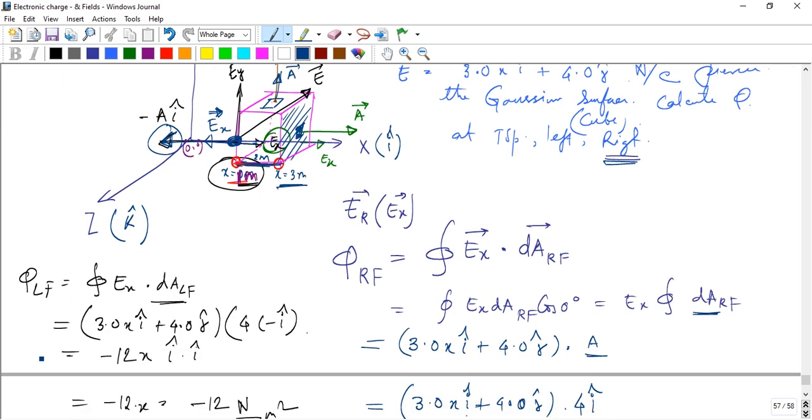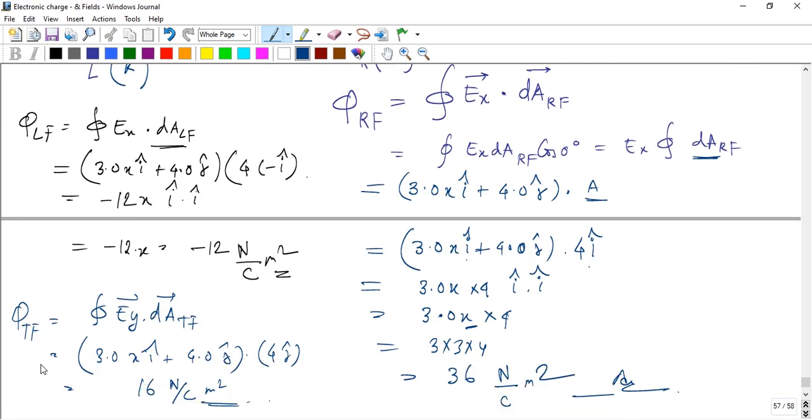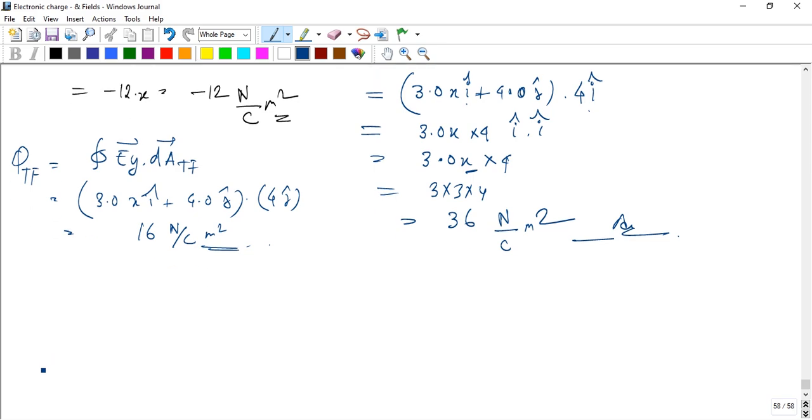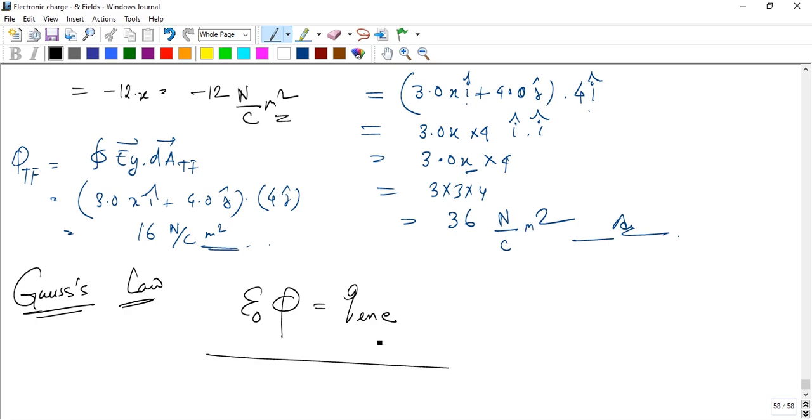Now for the next topic we discuss Gauss's law and derive it. Gauss's law says that epsilon naught times phi is equal to the charge enclosed by the surface. That is the Gauss's law formula.